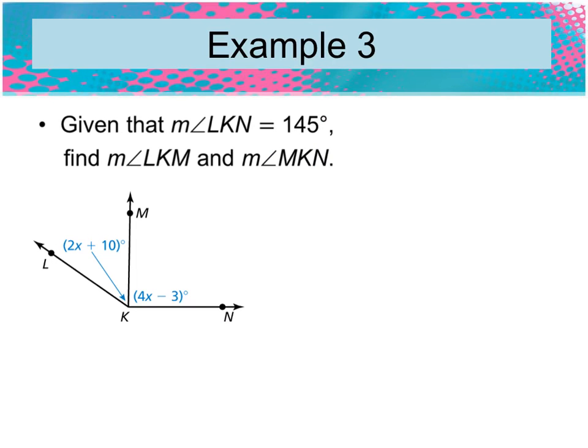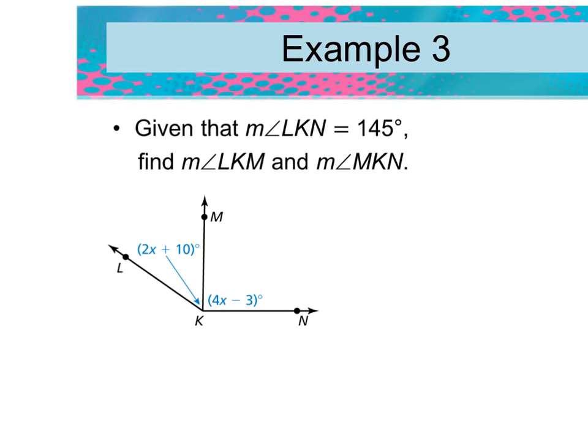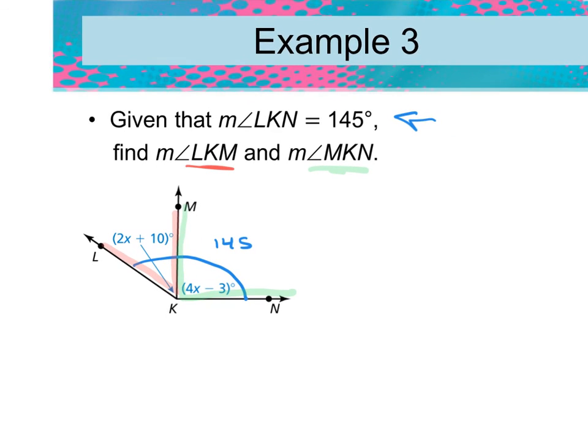All right. Next. So we're given that this whole thing, LKN, equals 145 degrees. It wants us to find the measure of LKM, which is here, and MKN, which is here. So here comes my algebra again.